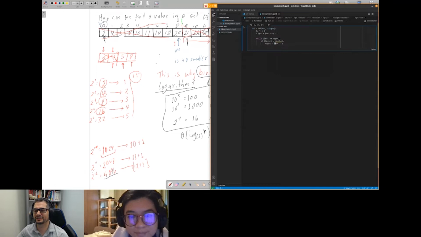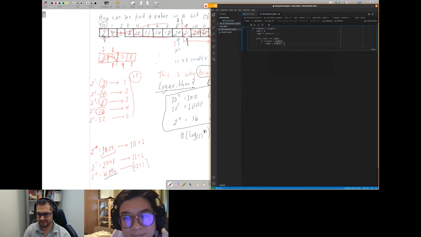Is that correct? No. If it's before me, it's going to be the middle minus 1. That's why it didn't make sense, right? Because I'm looking at the middle. Let's calculate the middle first.